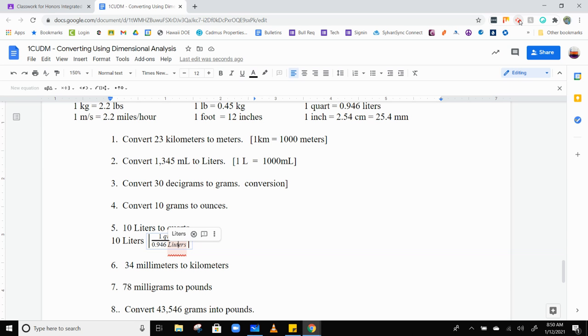Round your answers to 3 significant figures, so 3 numbers basically. Typically 3 sig figs is good for most things. We'll talk about sig figs and how to deal with them a little bit later. Okay, and tomorrow we do not have class.